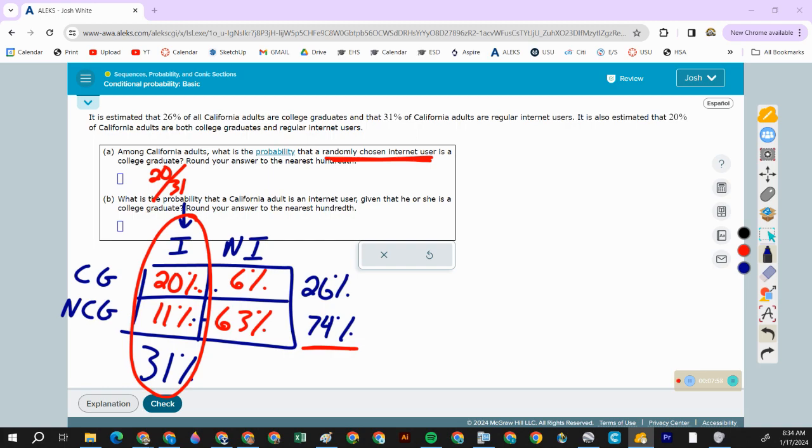And what is the probability that a California adult is an internet user, given that he or she is a college graduate? So we're only allowed to look at the college graduates, and we want internet users among that group, so that would be 20 divided by 26. Good?